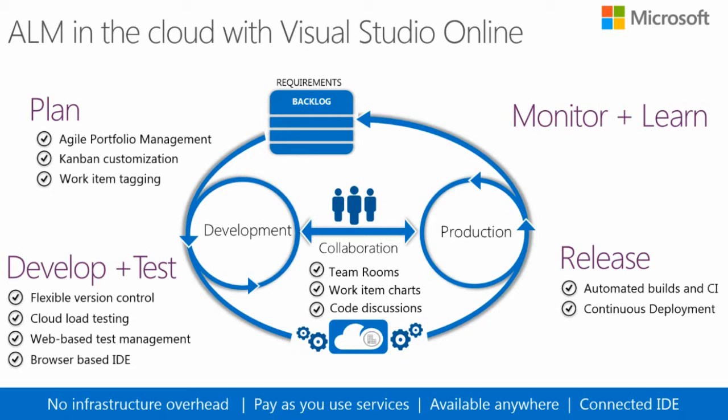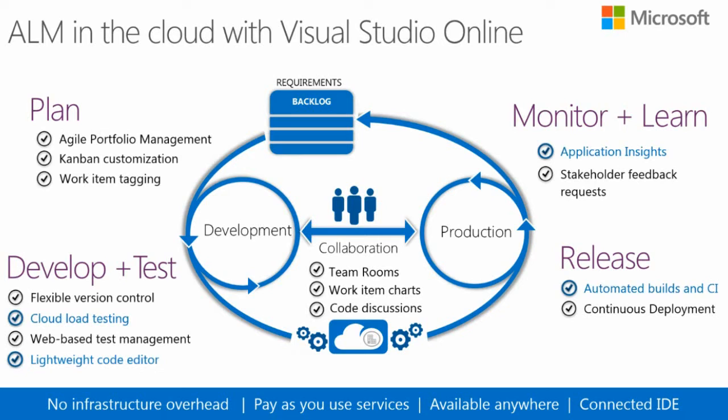We also help you out with the release part of your ALM process. So for example, automated builds with our build service, and then ultimately deploying those to Windows Azure. And we'll also help you out with monitoring and learning about your application.